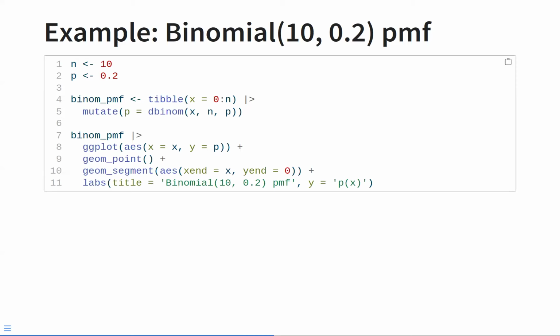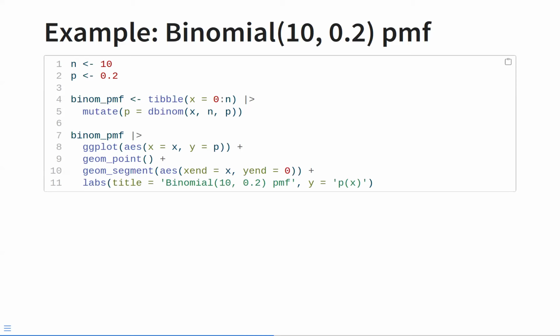Again, I'm going to use ggplot to make the plot, but this one is a little bit more intricate. Here I'm going to use geom_point to plot a dot at each of the locations x and p from lines 4 and 5, where I set up my tibble.